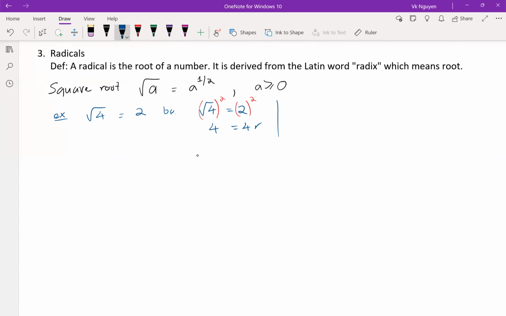However, square root of negative 4 is undefined. Because when we square a number, we cannot get a negative number.